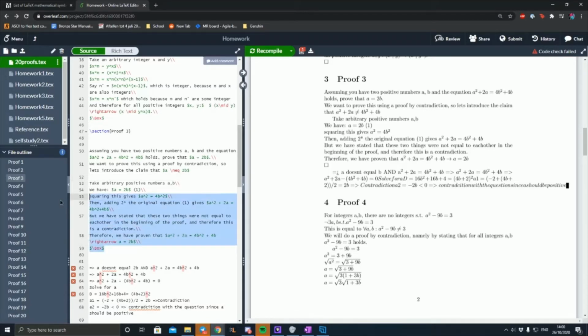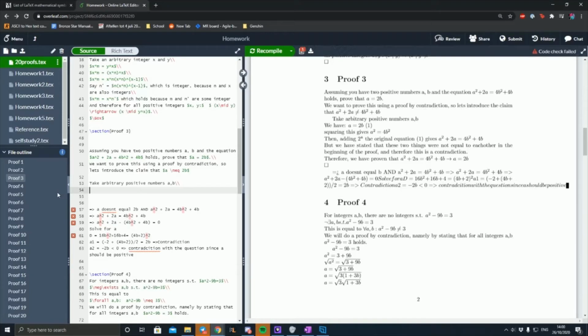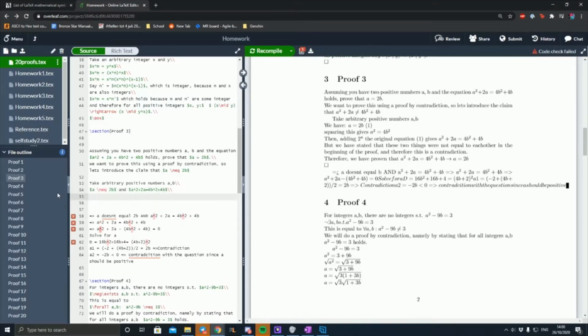Yeah, I see. We were close. So we know that A does not equal B, or well, we know that it does, but for the sake of contradiction, a squared plus 2a equals 4b squared plus 4b. So then we solve for a, or yeah, we'll do that step a little bit later.